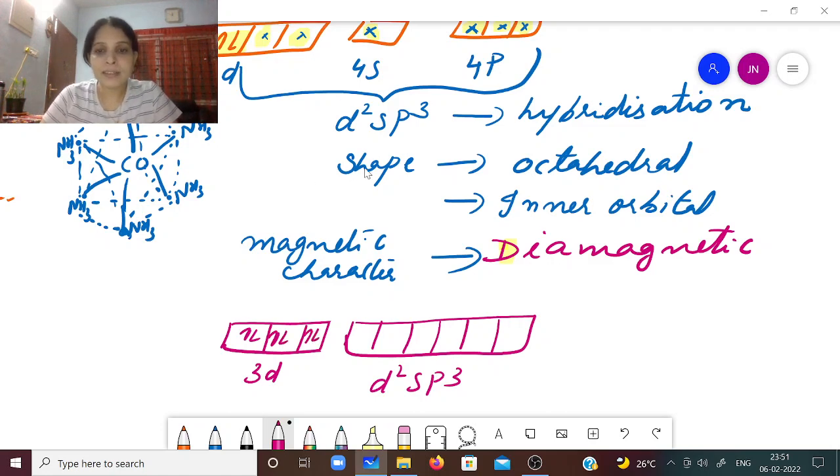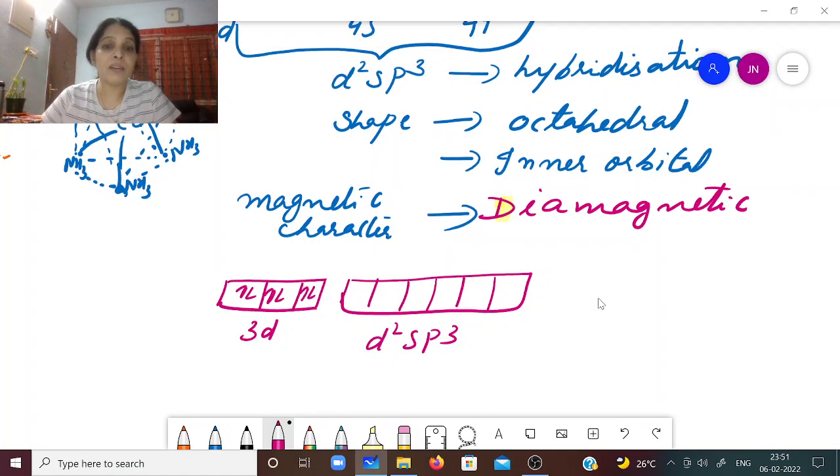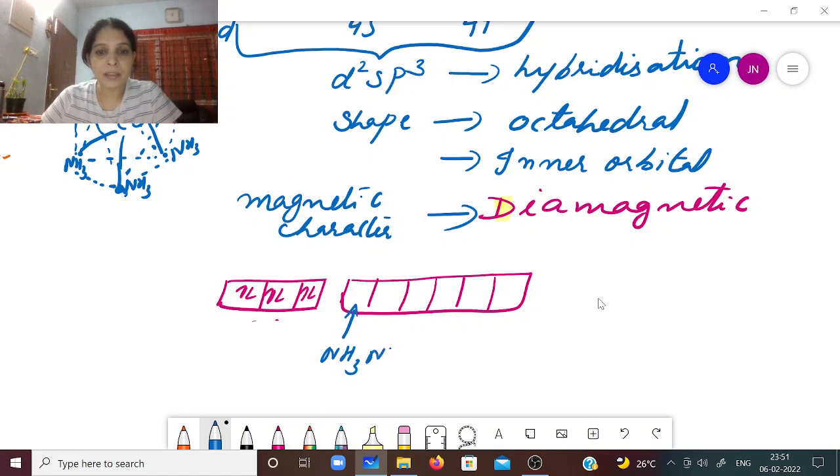Now you should understand that 6 ammonia are around cobalt. This 3d and d2sp3 configuration is of cobalt. Okay, now around cobalt, 6 ammonia are there, and these 6 ammonia will give electrons to cobalt, and cobalt will accept the electrons in these empty orbitals.